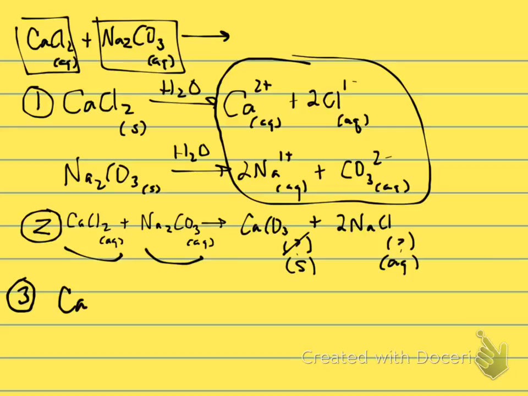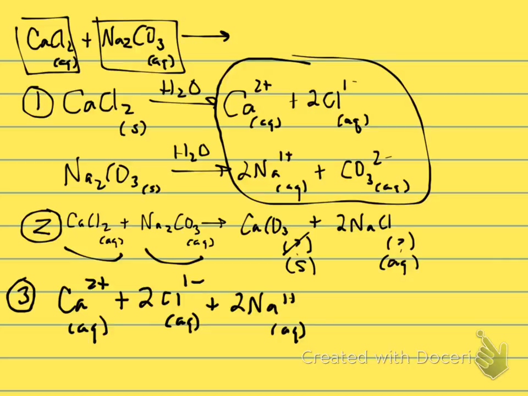So we're going to write Ca2+ in aqueous solution plus 2Cl1-, also in aqueous solution, plus 2Na1+ in aqueous solution, plus CO3 2- in aqueous solution. That's actually what our reactants are, this soup of ions.